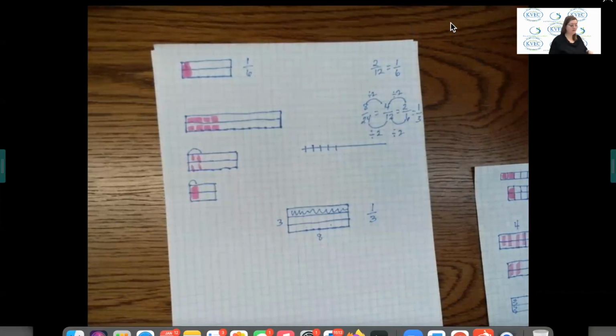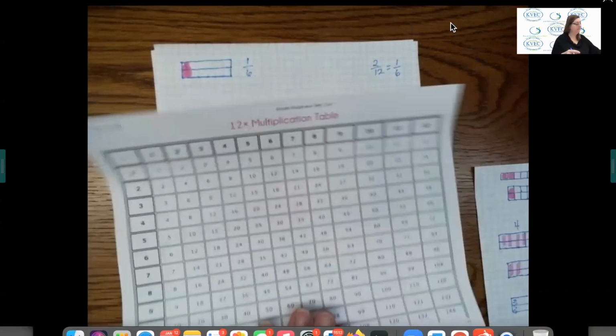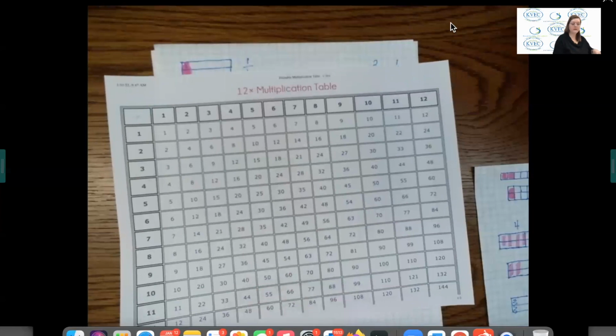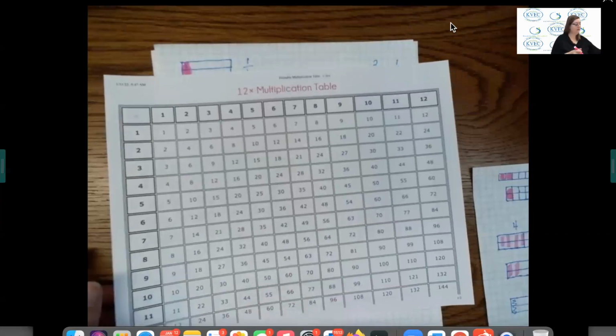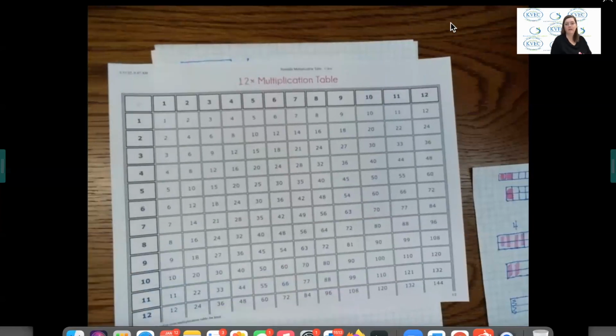Now another one, let's just do one more and then I'm going to stop. We want to have that conversation with this, and this is very much just them using a multiplication chart, some kind of graphic organizer, because they could fill this in if they needed to understand how to simplify a fraction.